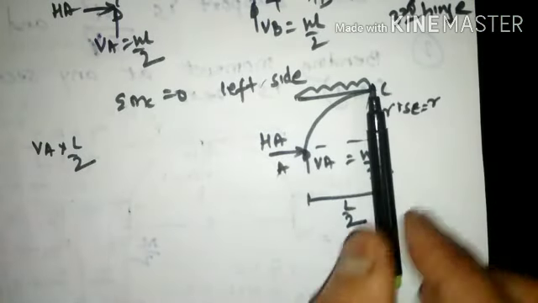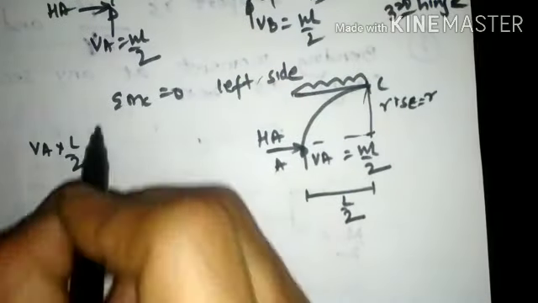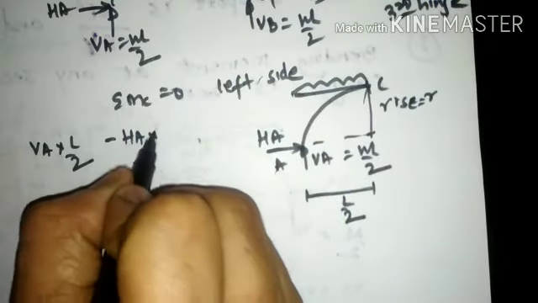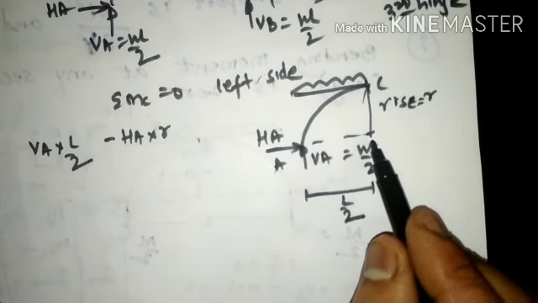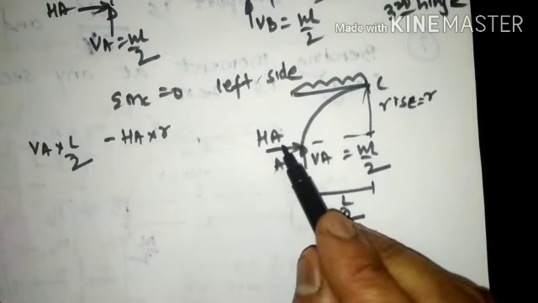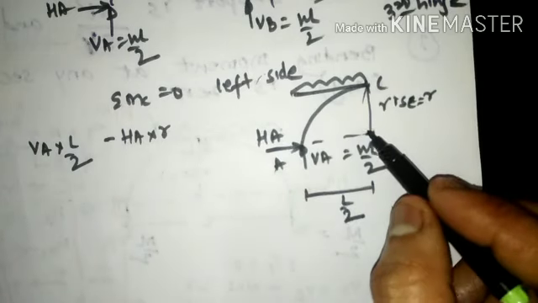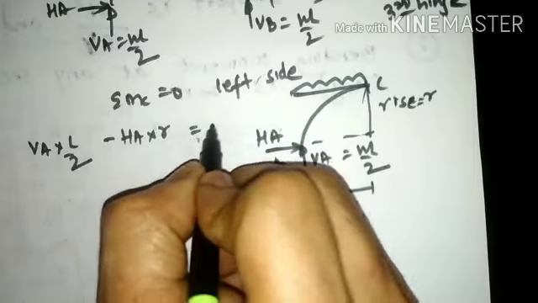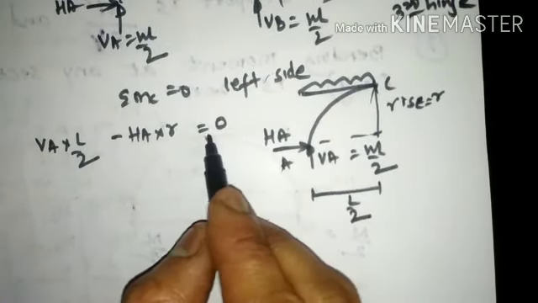Likewise, with reference to C, HA is acting towards the right hand side, which will rotate in anti-clockwise direction, minus HA into R. For vertical force, horizontal distance is multiplied as the perpendicular distance. For horizontal force, vertical distance is multiplied as the perpendicular distance. This equals 0, because you are equating moment with respect to C to 0.